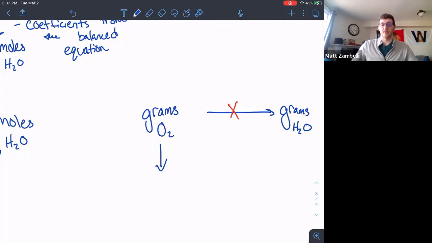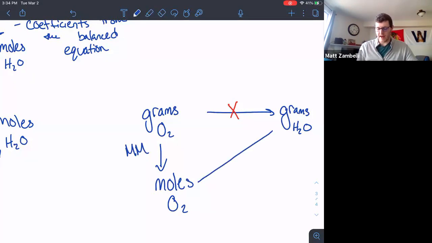We need to use our molar mass to go from grams to moles. Perfect. Because moles are the only things we can compare between two different elements or compounds, because moles are representing 6.022 times 10 to the 23rd particles. So it's just the amount of atoms or particles we have present, not a mass that's not comparable. So we're going to convert to moles using our molar mass.